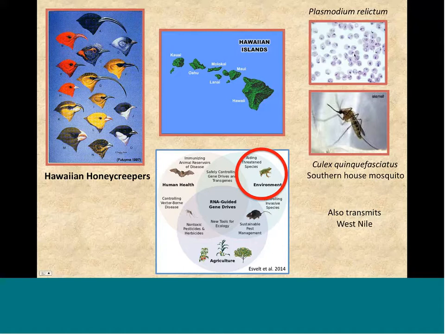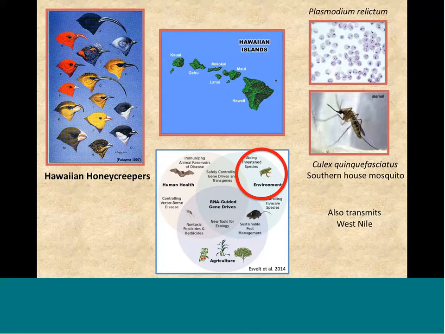So this is causing losses in the Hawaiian honeycreepers, and there really is no other fix for this. The birds are being forced up to the tops of the mountain ranges in Hawaii, and with global climate change, it's thought that their range will be even smaller. Higher elevations have fewer mosquitoes and less bird malaria, as well as fewer competing species.